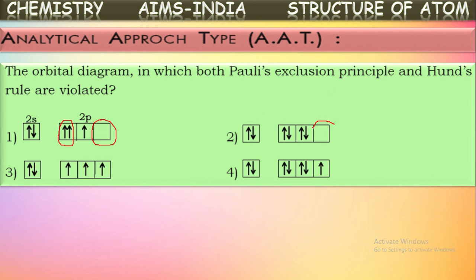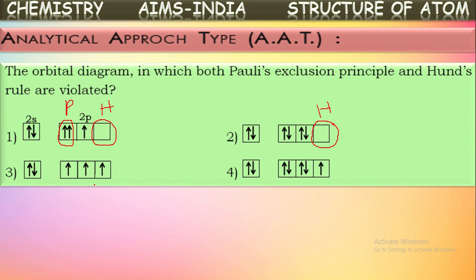But Hund's rule is violated, because without filling the third 2p orbital, electrons occupied and paired in the remaining two orbitals, which is against Hund's rule. First of all, the degenerate orbitals should be occupied with a single electron, but that is not taking place here. So only Hund's rule is violated. What about the first one? Pauli's principle and Hund's rule, both are violated. But here only Hund's rule is violated.